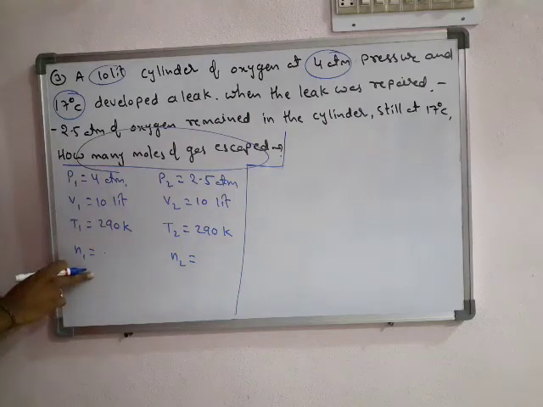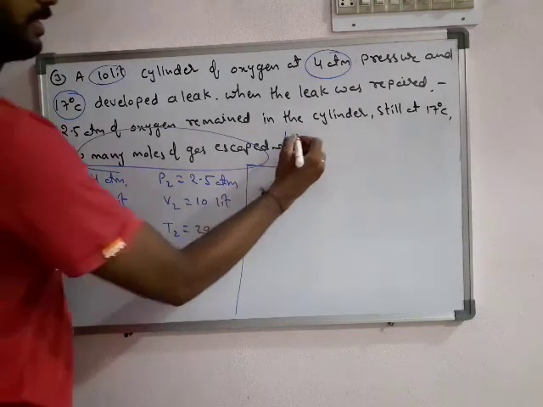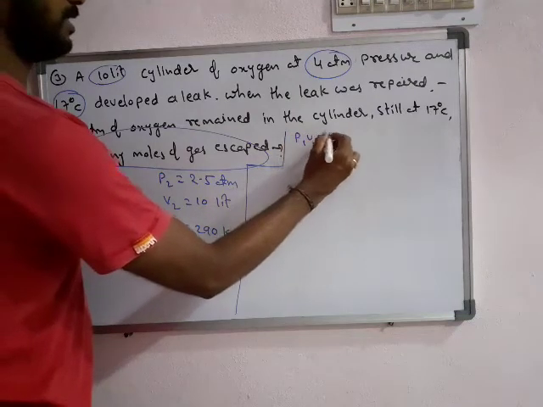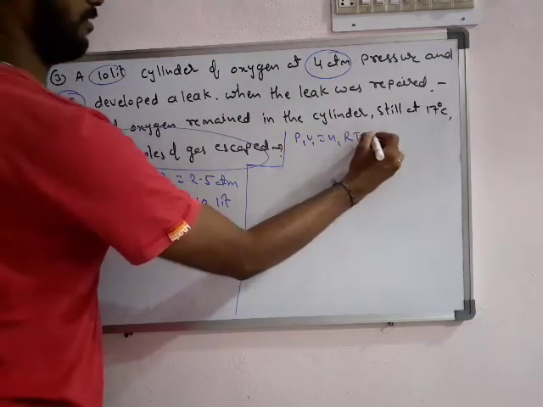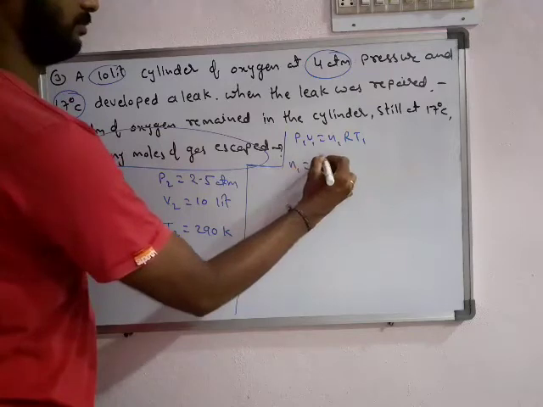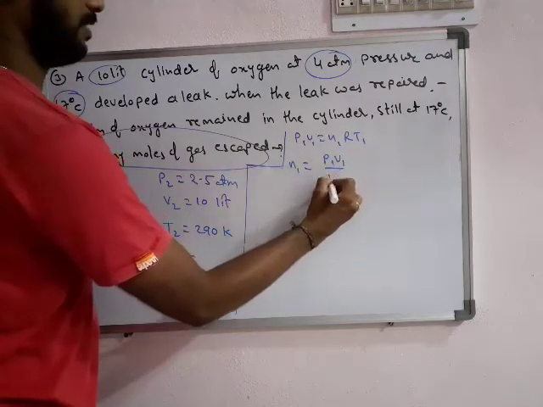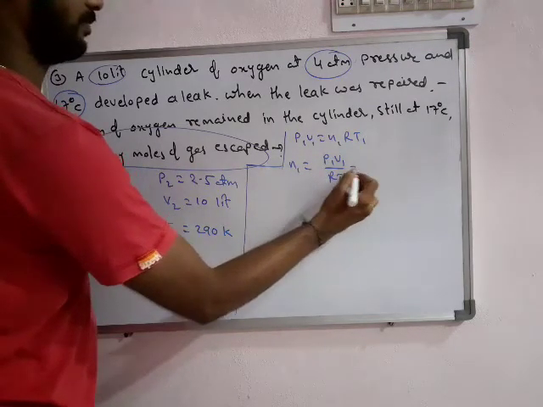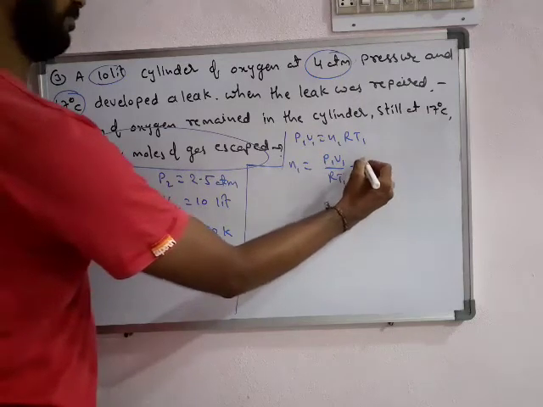Okay, so with the first details we can write P1 V1 is equal to N1 R T1. So what is N1? P1 V1 by R T1. What is P1? 4.